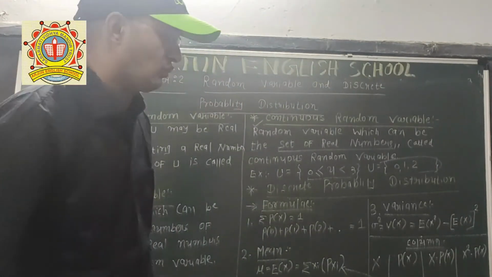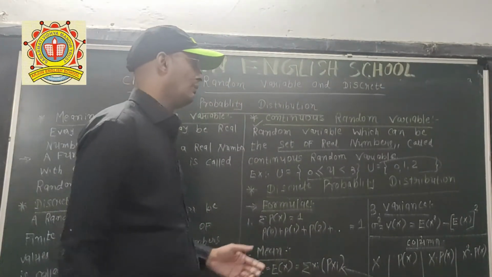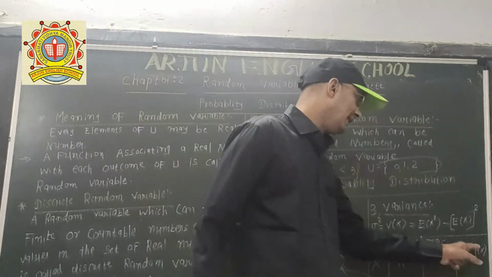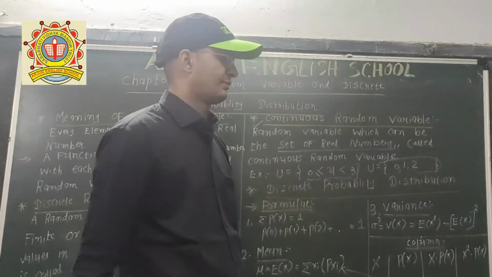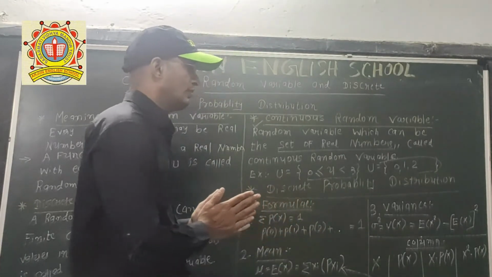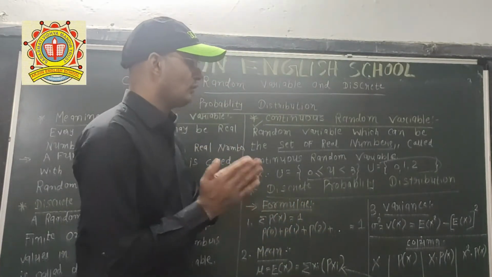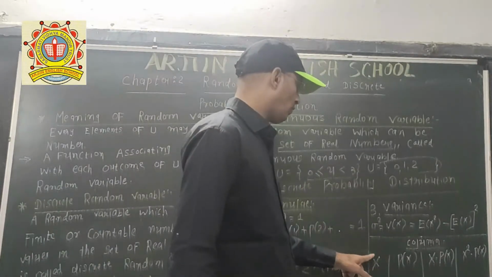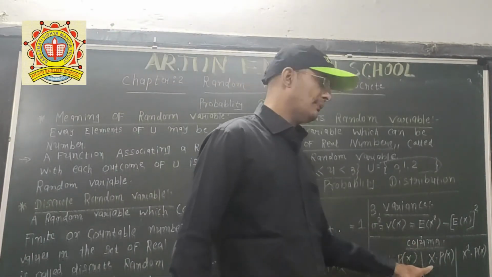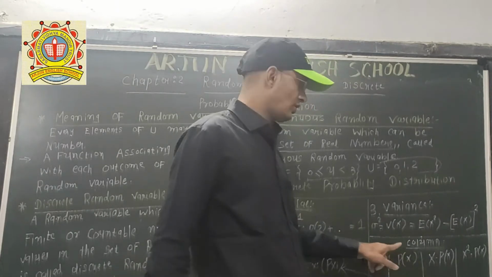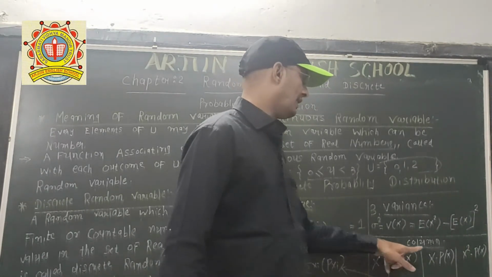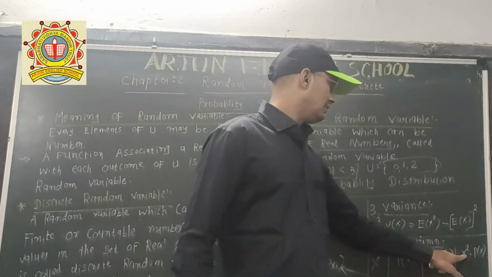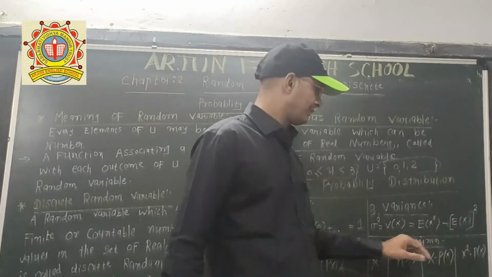Okay, next one. Column number 4, x square into P of x. In column number 4, we prepare x square into P of x, which is the multiplication of column 1 and column 3. X into x becomes x square.